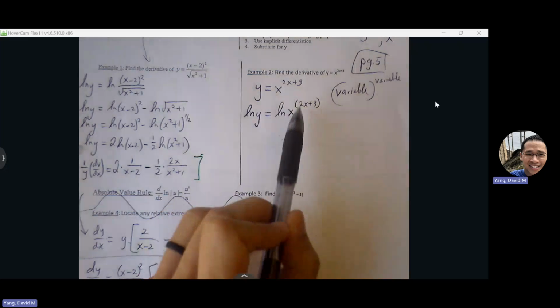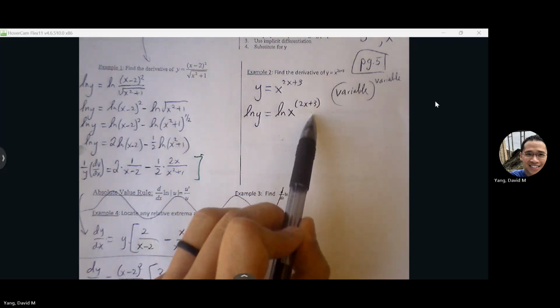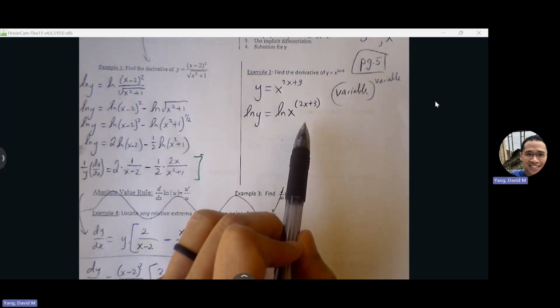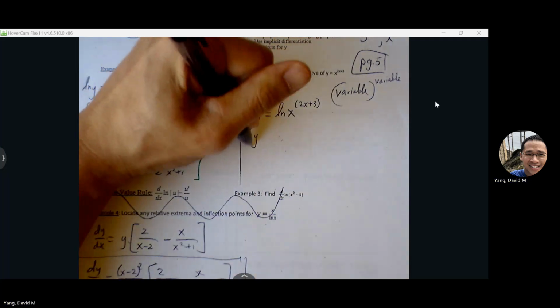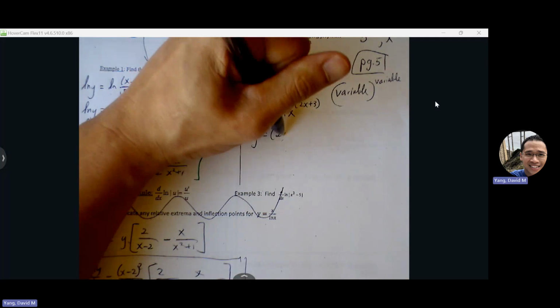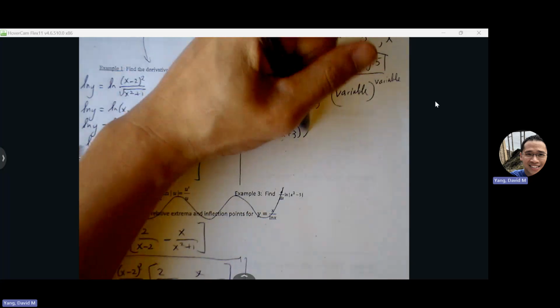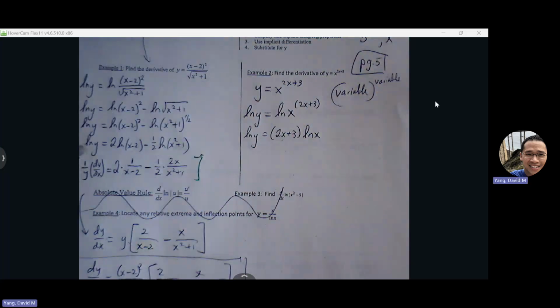Okay, so now that we're inside a log expression, what does that allow us to do on the right side? Bring down that exponent, right? Okay, no derivative yet. We're just applying our log property.